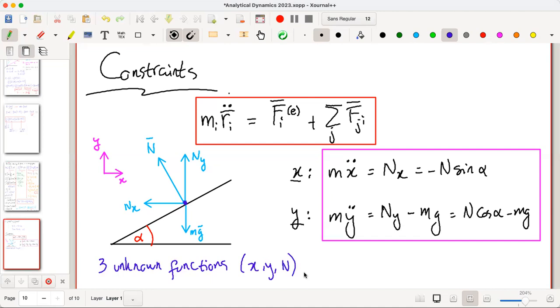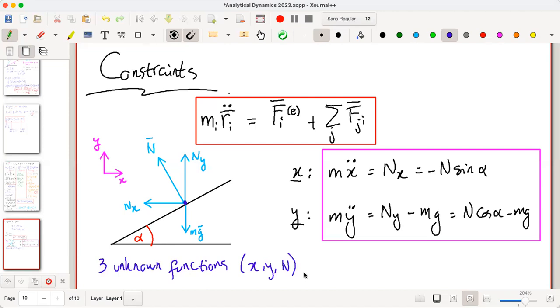Question? So this is what I mean by my previous statement, that just by knowing the equations of motion is not enough. Here we know the equations of motion, there are two equations of motion, but these equations cannot be used to solve the functions, because we have three functions.